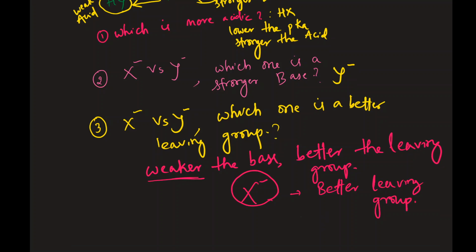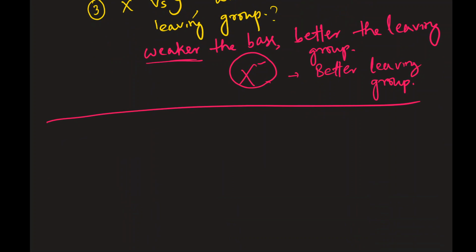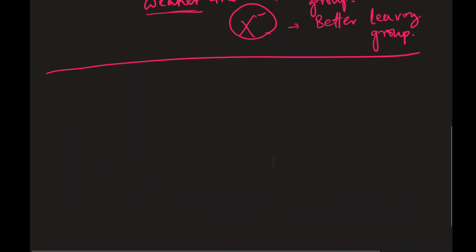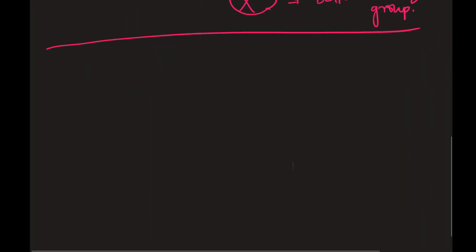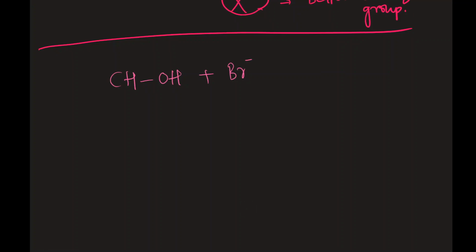All right, let's do one problem right now, then you will become more familiar with these concepts. I'm going to draw a couple of reactions here. Let's say we have CH3OH and we try to react it with Br minus. Let's figure out if Br minus can replace our OH minus.